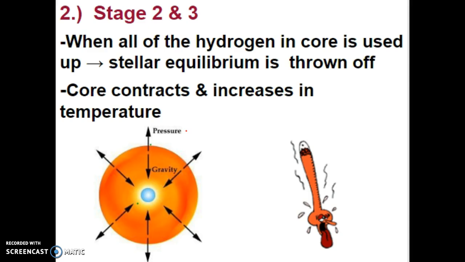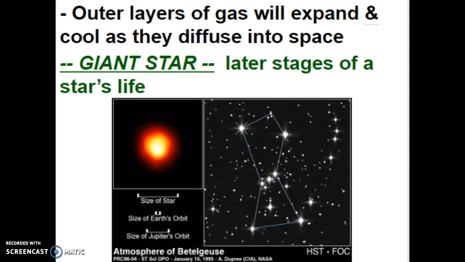So the core of the star will contract due to gravity, and there will be an increase in that core temperature. The outer layers of gas from a star that are far away from the core will start to expand and cool off as they diffuse back into space.